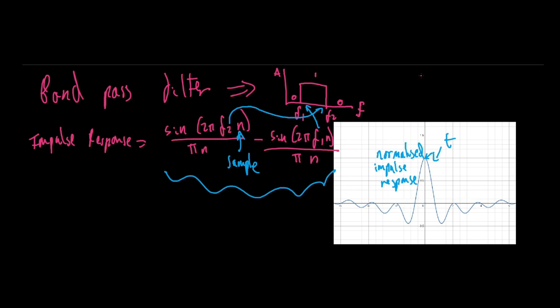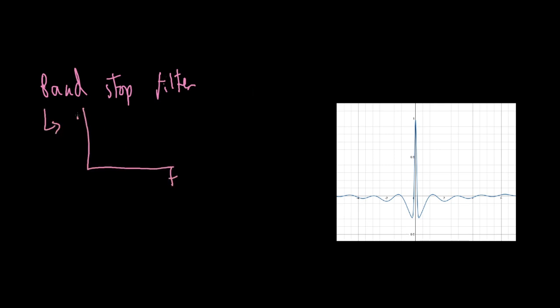Now, let's move on to the band stop filter. Let's look at the band stop filter. Now, if you remember, the band stop filter looks like this. So this is the frequency response, frequency versus amplitude. And you choose F1 and F2 as cutoff frequencies where any frequency in between F1 and F2 is 0.